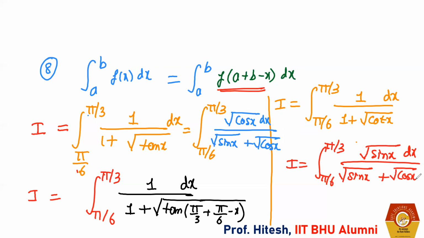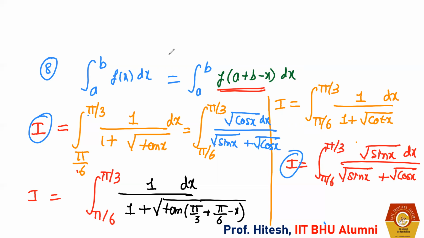Now add these two. So again you will get 1 inside the integration. Will the answer be the same? No. Earlier we got pi by 4. Okay, let me clear this.